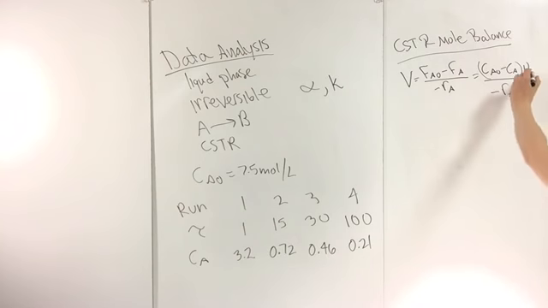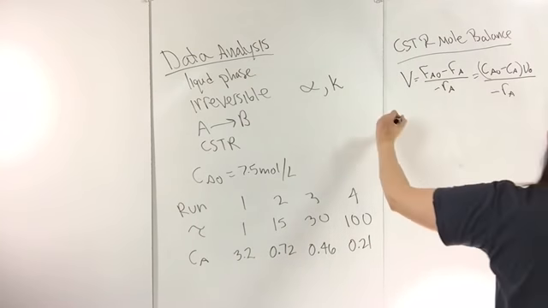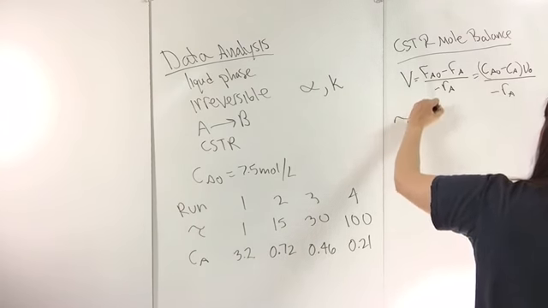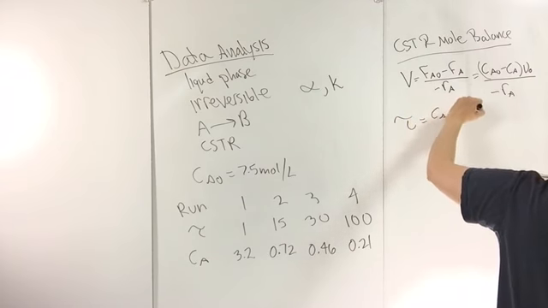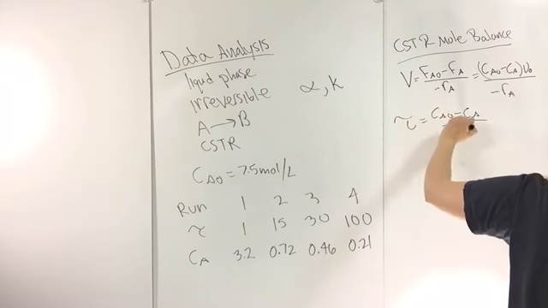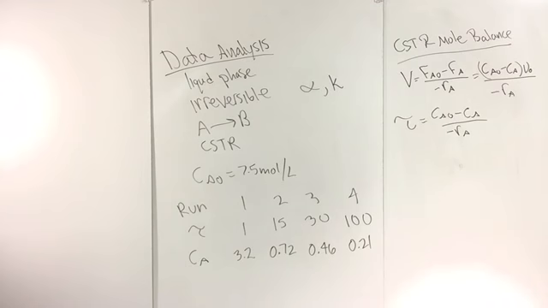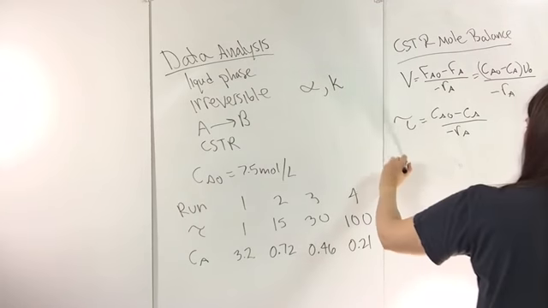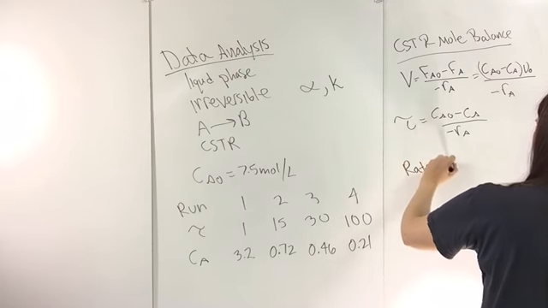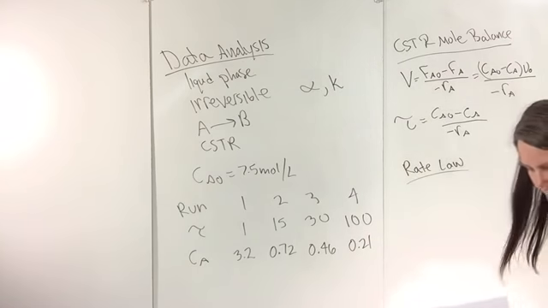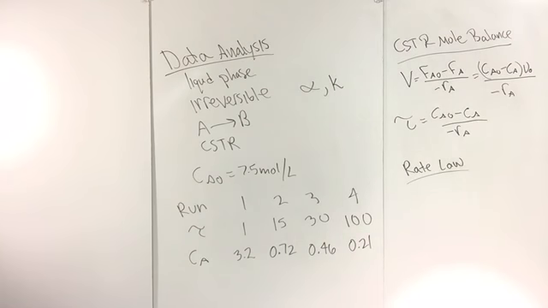And then we can divide by V naught, so then we get tau is equal to Ca naught minus Ca over the rate. And then for the rate law, this is slightly out of order because the first step was to postulate a rate law. So that's what we're doing now.